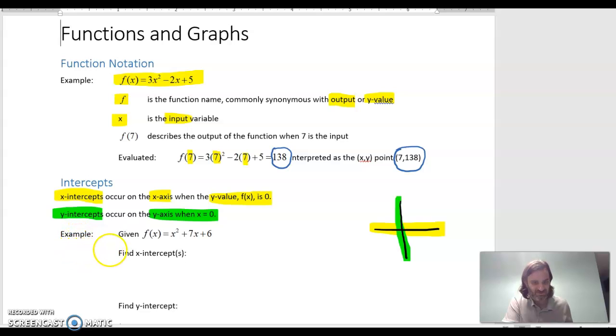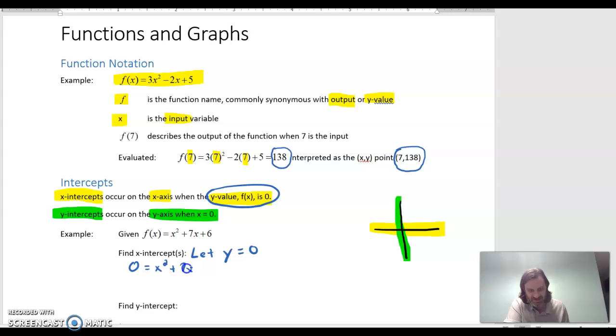So the example we'll work real quick is f of x equals x squared plus 7x plus 6. The first thing it says is to find the x-intercepts, and that happens when y is 0. So we will let y equal 0, or f of x equals 0. That gives me 0 equals x squared plus 7x plus 6. This is a quadratic. I can solve those a couple of ways. I'm going to factor it. This factors into x plus 1 times x plus 6.